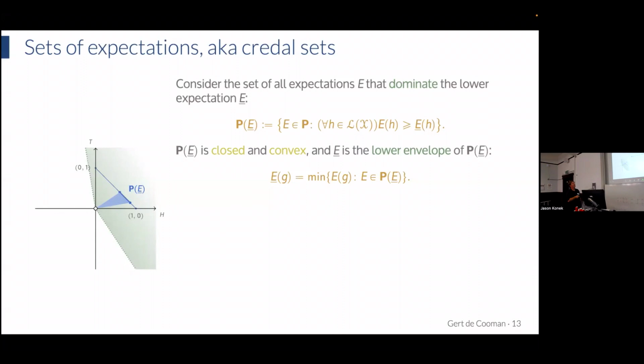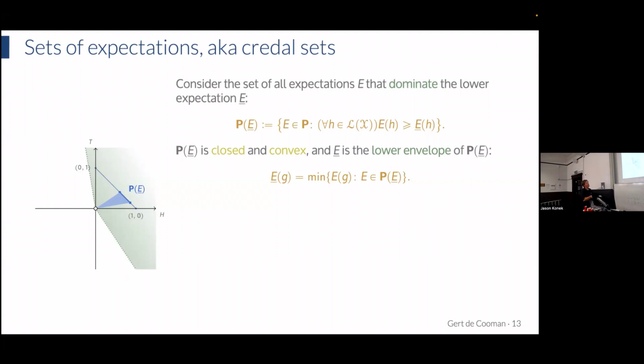Okay. Then I have a theorem: this set of probabilities or expectation operators is closed. Why? Because the inequalities here are weak inequalities. It's convex. If I take a linear combination here, it will still satisfy it, so it's closed and convex.